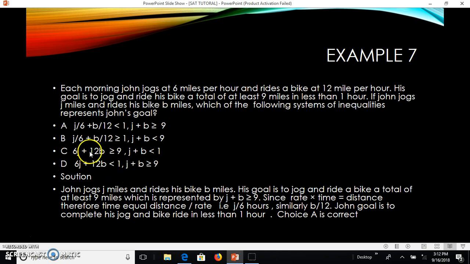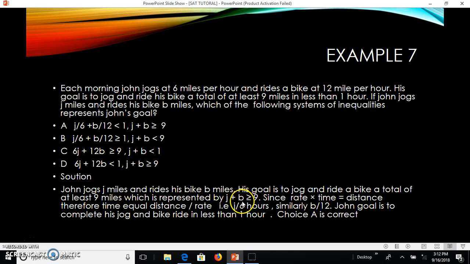I'm saying C could be a potential answer, and I'm saying D. It doesn't really matter. Let's go through it so that we can see. J plus B is the miles, and 9 is miles. They have to be parallel.